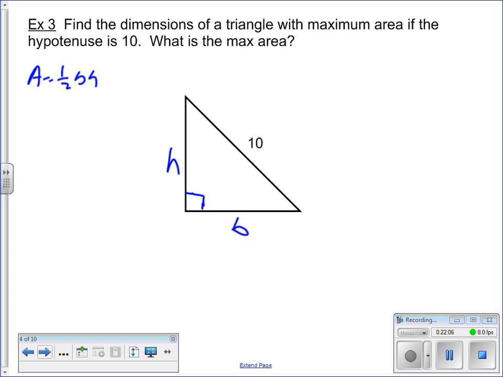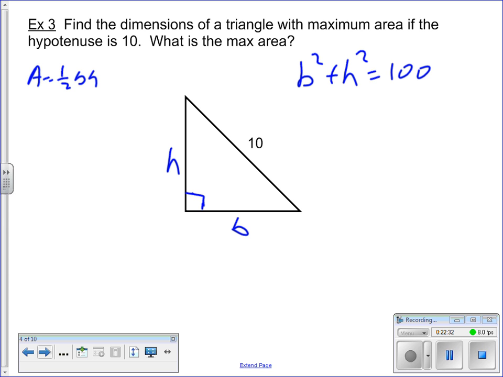I want to maximize area, but I need one variable for maximization. I need to either write base in terms of height or height in terms of base. Which means I do have to set up the Pythagorean theorem. B squared plus H squared equals 100. Why 100? 10 squared.